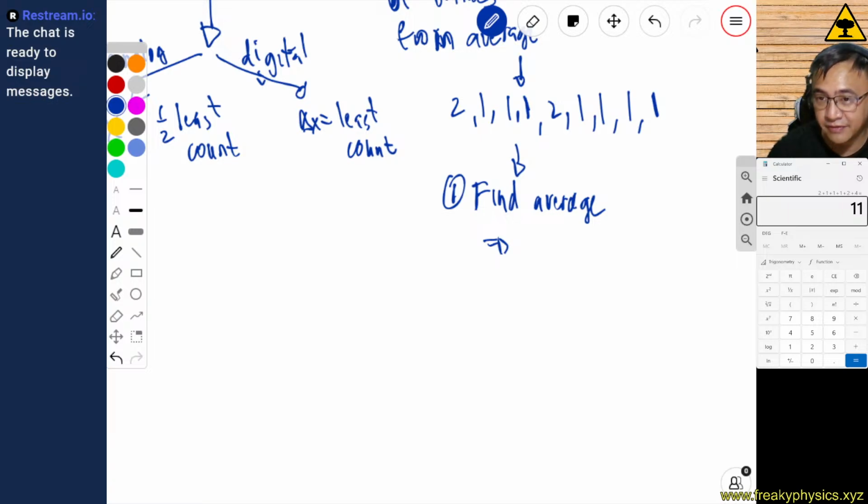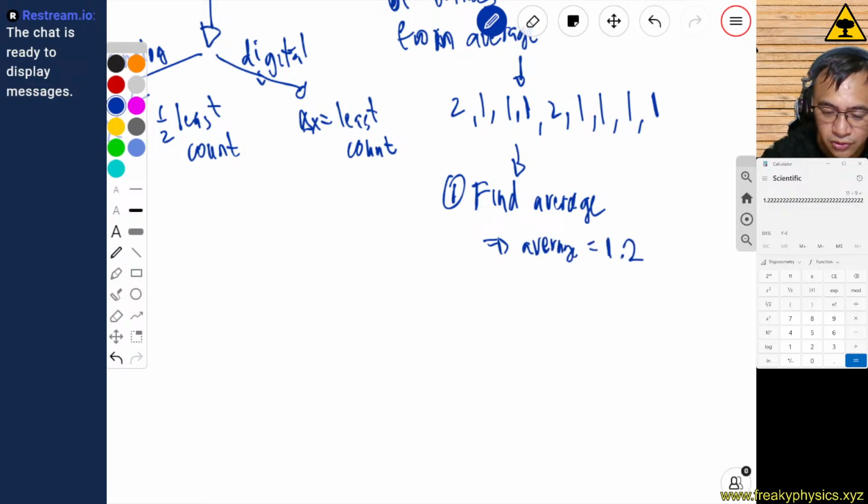So 11 divided by 9 on the calculator will give you 1.22. So your average value equals 1.2. In fact, let's make this more accurate with 2 sig figs, so the average is 1.2.